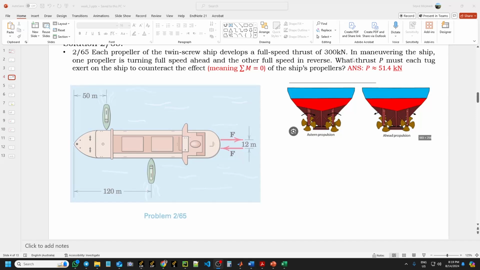In maneuvering the ship, one propeller is turning full speed ahead and the other full speed in reverse. It means that this is rotating this way and this is rotating this way. What thrust P must each tug develop? Okay, this is called a tugboat and this is also a tugboat.